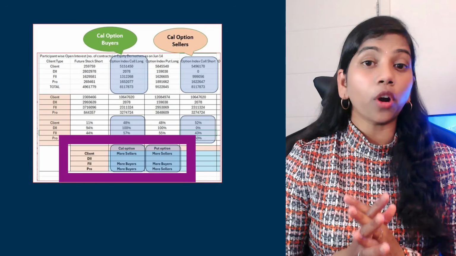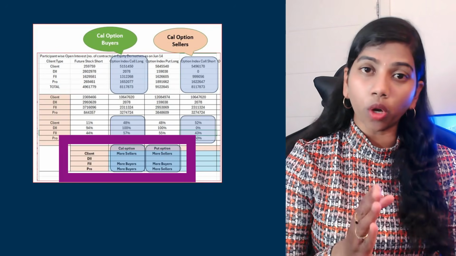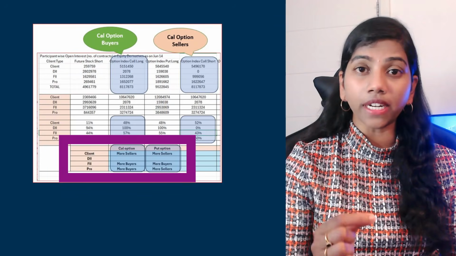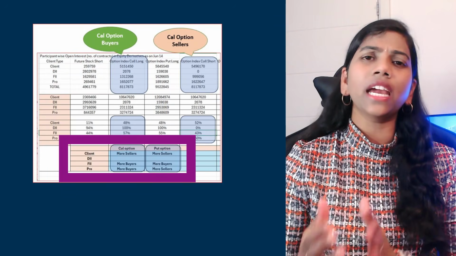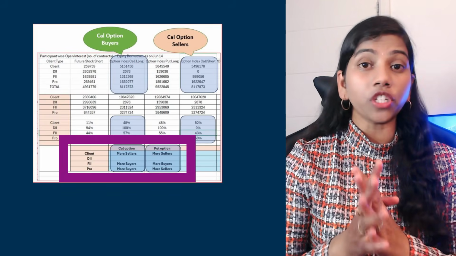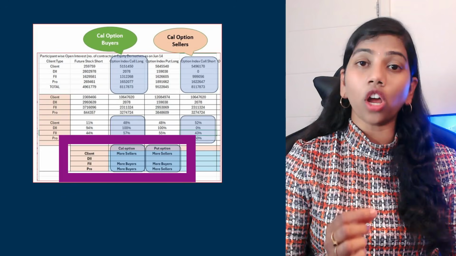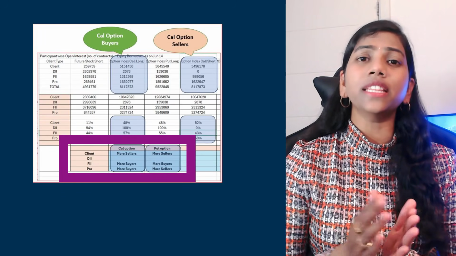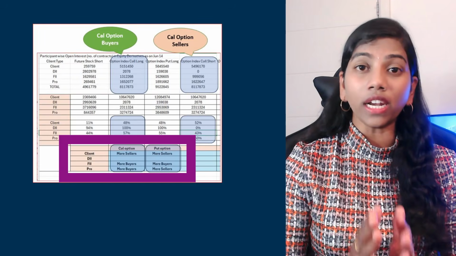Whereas FII bought more call options and bought more put options. So the FII mentality is that they're hedging and expecting a breakout on either side, maybe on the upside, maybe on the downside. Then finally, among professional traders, more were call option buyers and more were put option sellers. This means they're expecting the index to go only up.